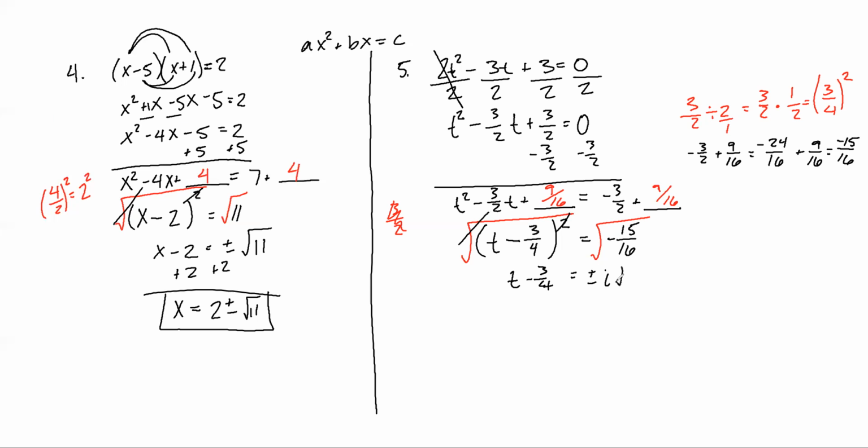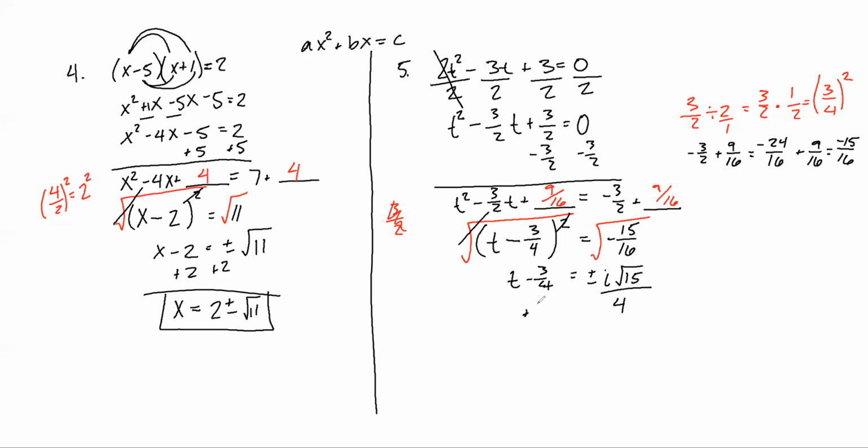Square root of 15, I'm going to leave that on the top. Square root of 16 is 4. Before we bring this over, make sure that you can't simplify the square root of 15. 15, you either have 1 and 15 or 3 and 5. So no, it cannot be simplified.